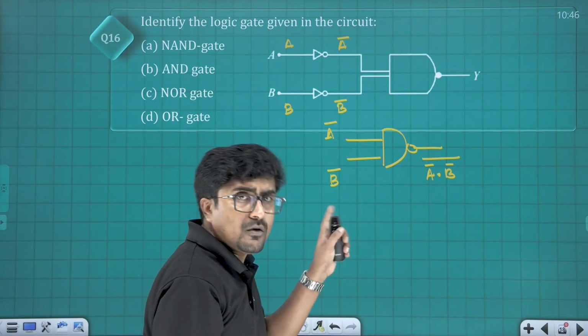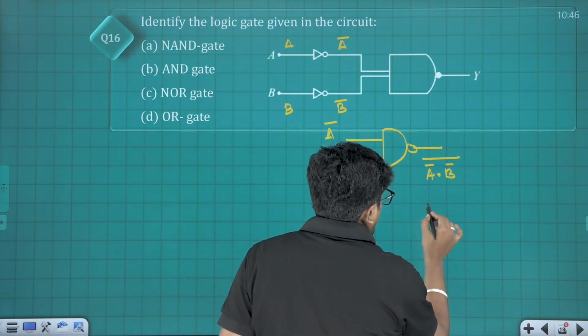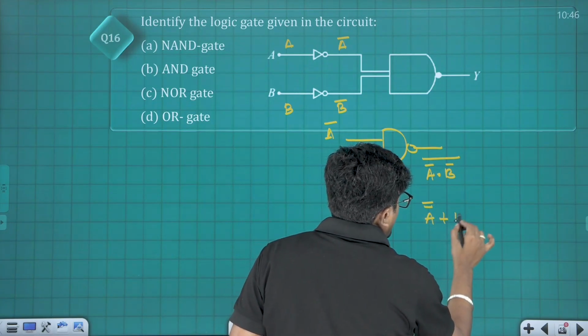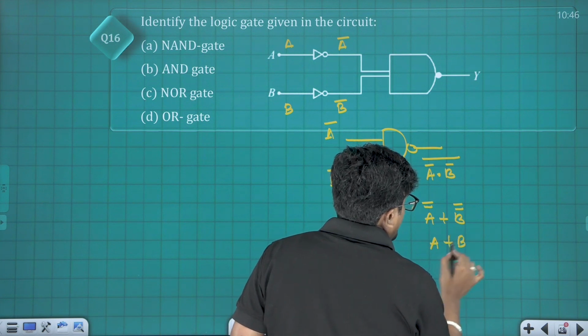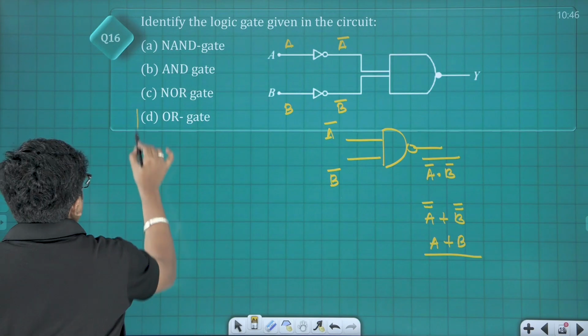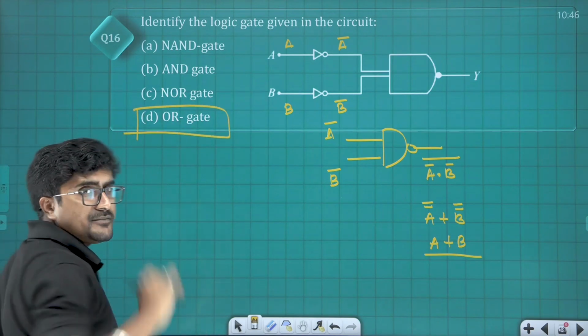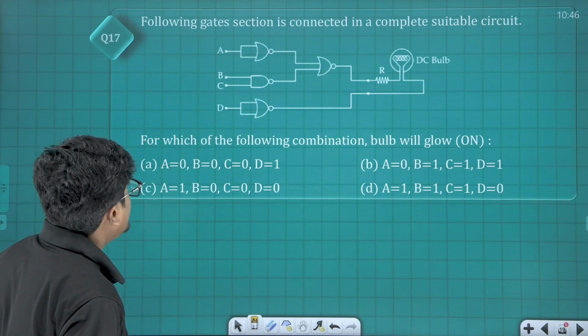So here this is going to be A double bar plus B double bar. What is this? A plus B. And if it is A plus B, that is going to be an OR gate.